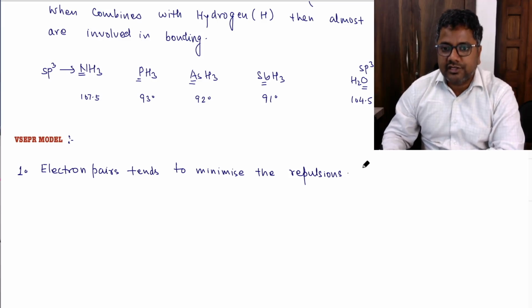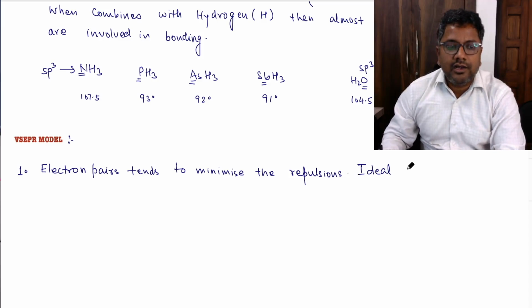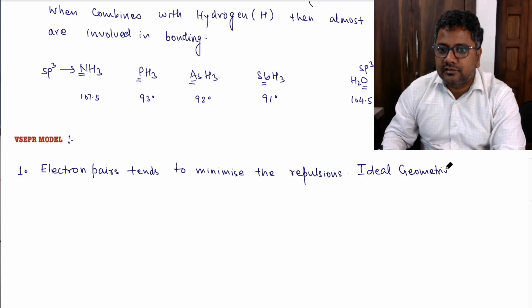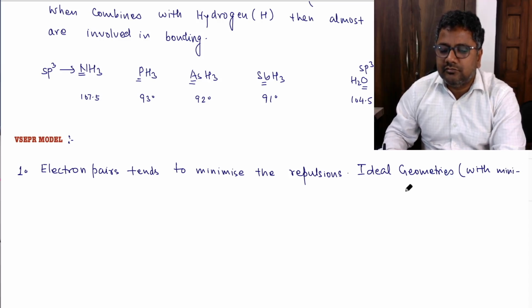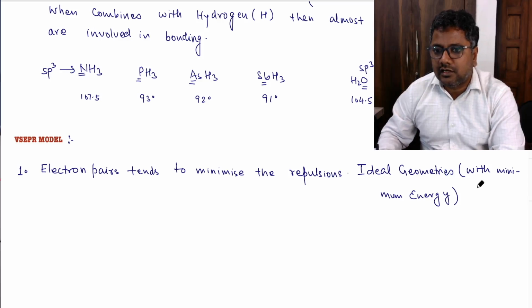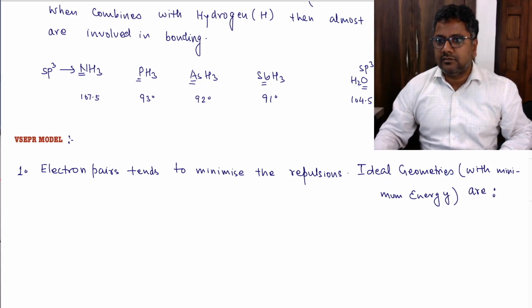And ideal geometries means geometries with minimum energy are, right, number one.